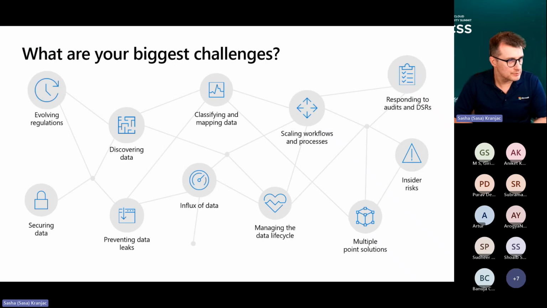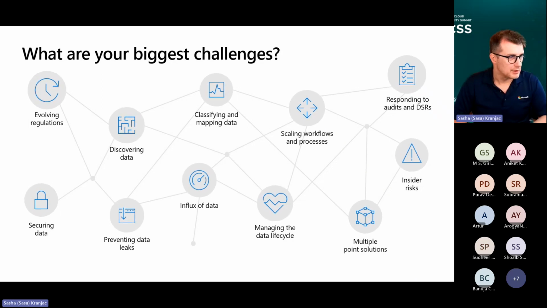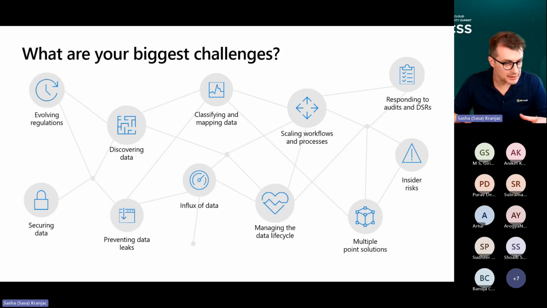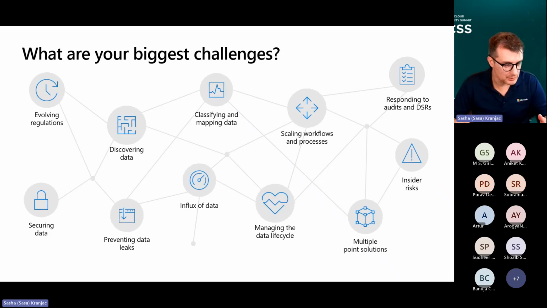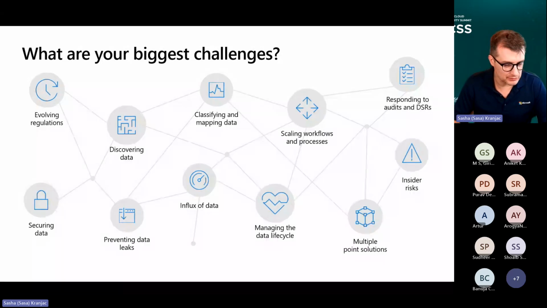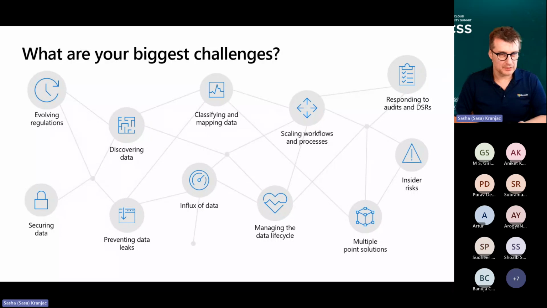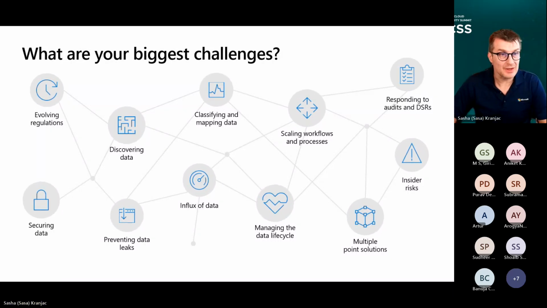There are some big challenges today in terms of compliance and regulations. So, the evolving number of regulations that are there, the huge piles of data that we deal with daily. It's not just the huge amount of data that we have today, but also that the amount of data is constantly increasing.